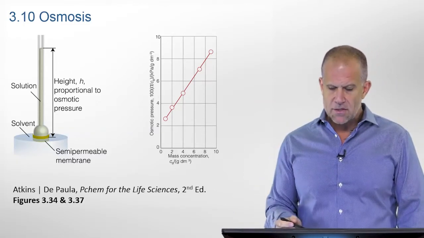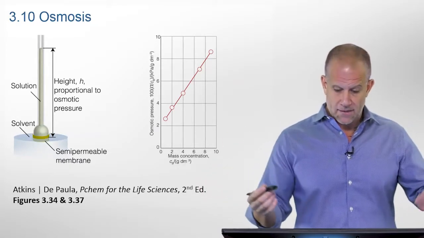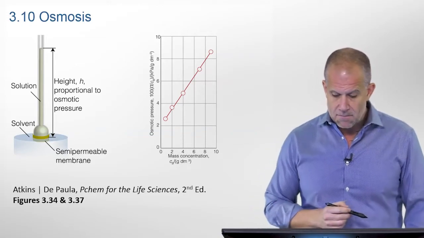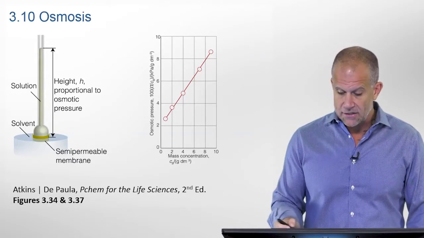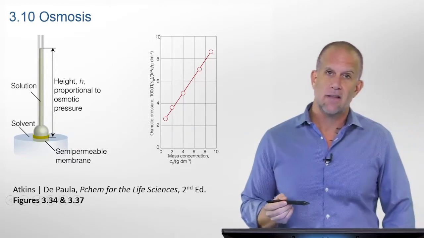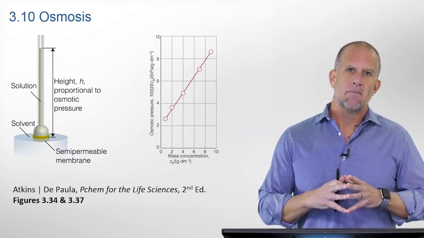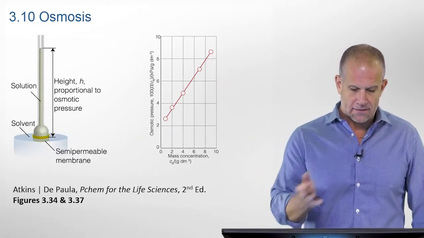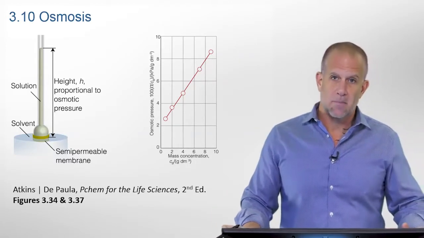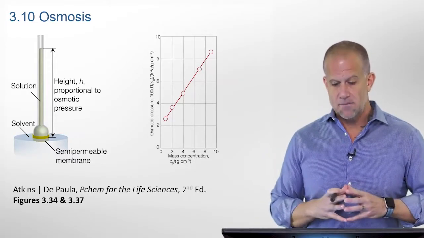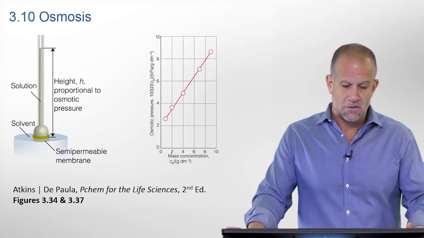For example, you can determine the molar mass or molecular weight of something like a protein by looking at how its osmotic pressure changes with the concentration of that protein. And it kind of mirrors ideal behavior as discussed. And so the book gives quite a few examples of osmotic pressure, not only several different ways of measuring it, but its usefulness in life sciences and biological systems.